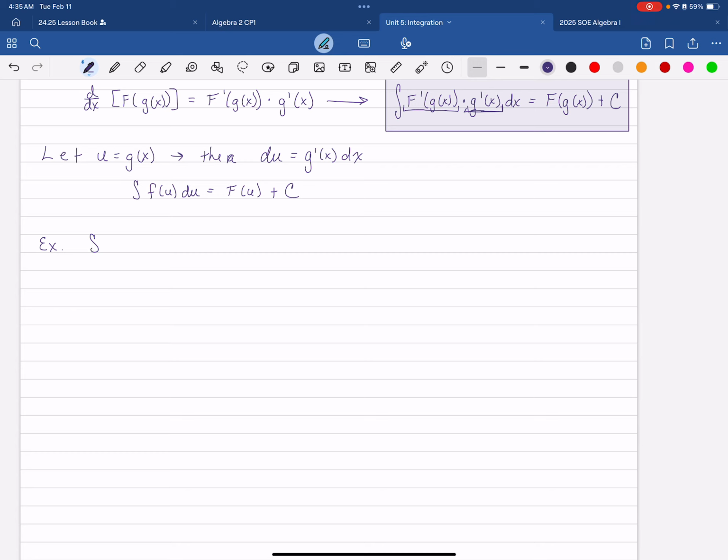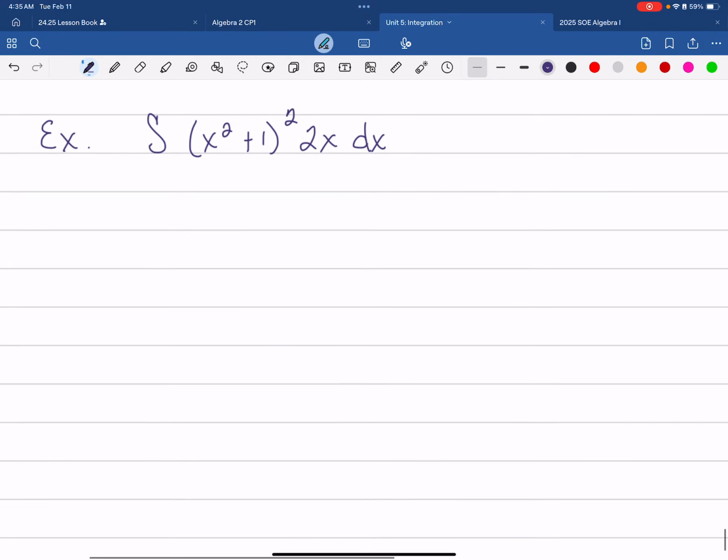All right, so let's take a look. Let's say we're taking the antiderivative of (x squared plus 1) all squared times 2x dx. So again, this is all about pattern recognition. I'm looking here and I see that I have x squared plus 1, and then the derivative of x squared plus 1 is 2x.